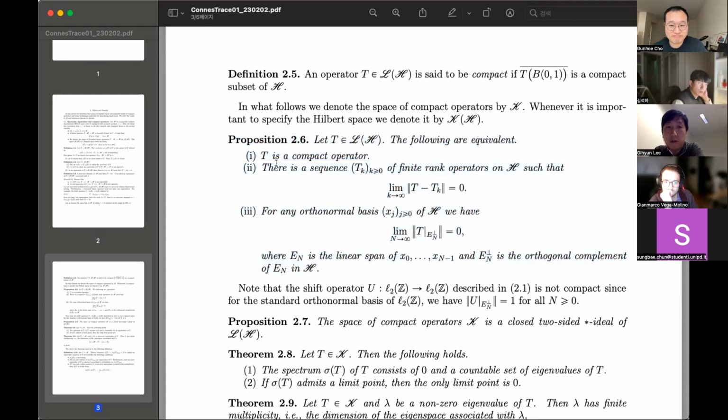Well, T is a compact operator if and only if it's a limit of finite rank operators.